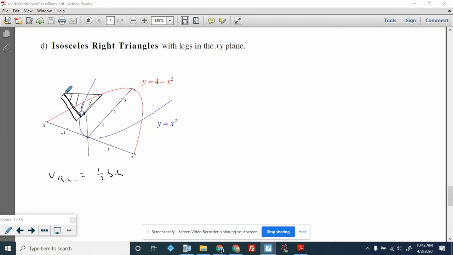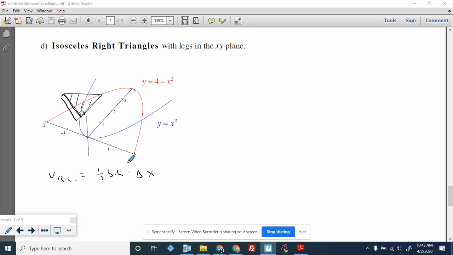The thickness would be back here. You would just do delta something. And what is a delta? It's always delta what you're perpendicular to. I can say have your cross sections be perpendicular to the x, and you would do delta x there, or delta y there. Okay, so that's that.